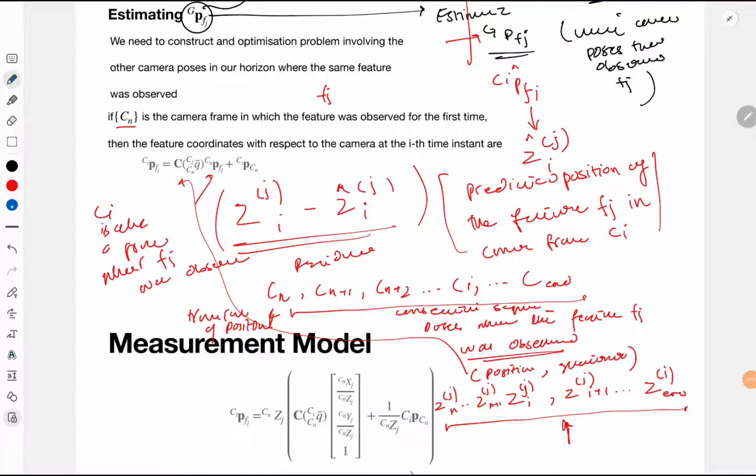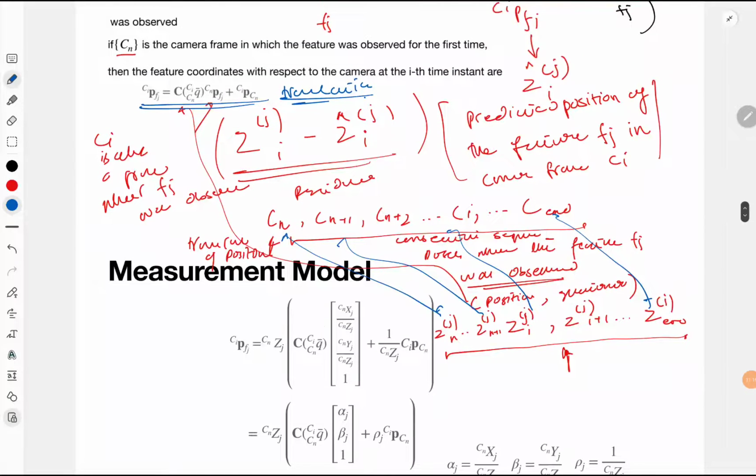This relates to this pose, this relates to this pose, this relates to this pose, and this relates to this pose. So for each of these poses, we have the position and the quaternion of the camera. Therefore, for each of these poses, we can do this translation. And for each of these poses, we also have the measurement of the position of the feature in the camera frame.